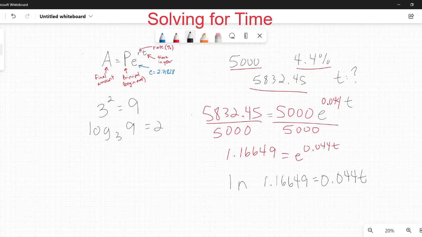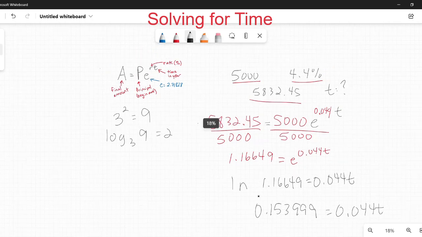So you type in 1.16649, then you hit your natural log button. Again, that's on a scientific calculator. On a graphing calculator, hit your ln first, and then your 1.16649. And you're going to get 0.153999, okay?